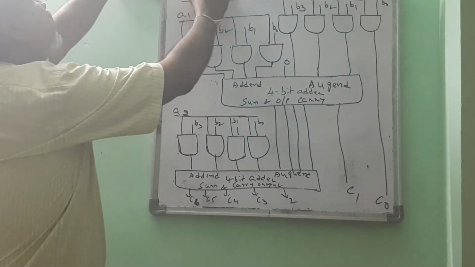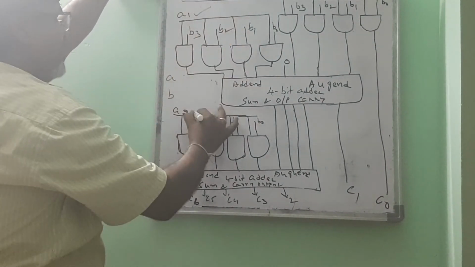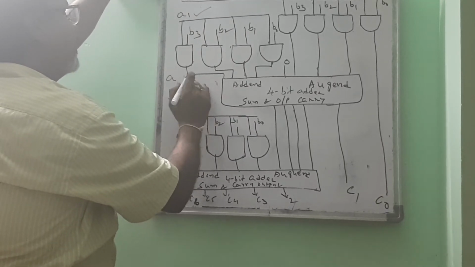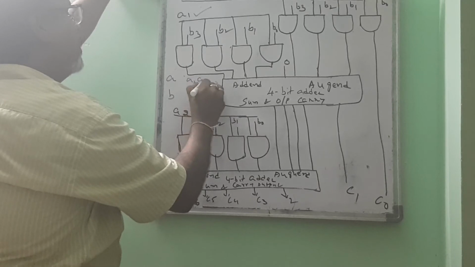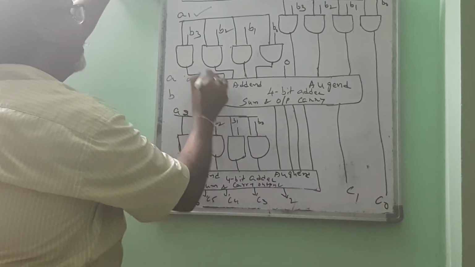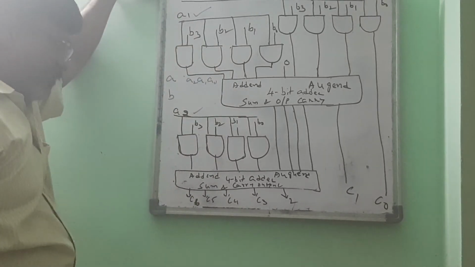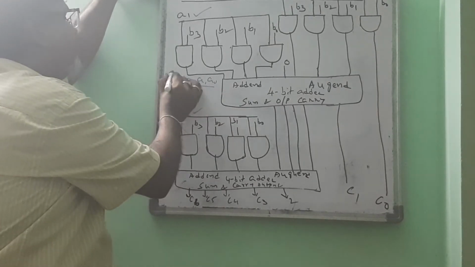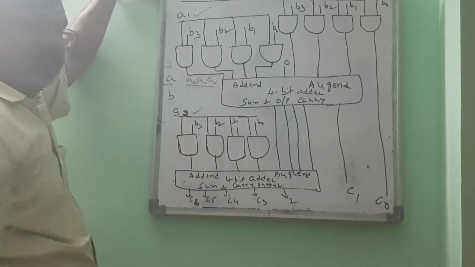A contains A0, A1 and A2. Otherwise you can write it like this, A2, A1 and A0, because A0 is the least significant bit. So in the first input A, how many bits are there? We have 3 bits.